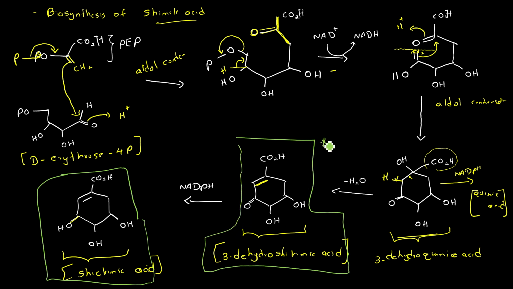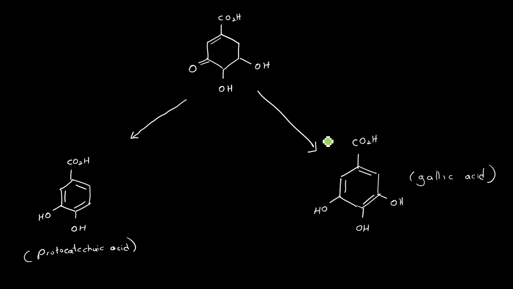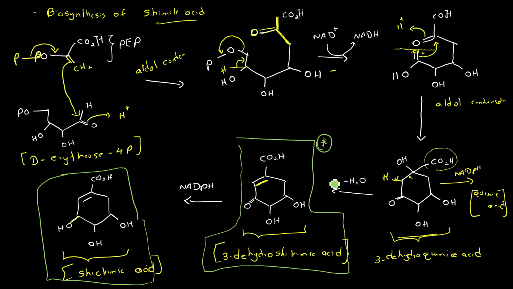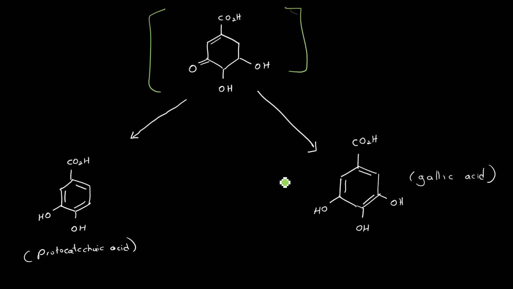So I'm going to move forward with this particular molecule right here. Just the same molecule as this one. So you can obtain 2 important molecules from this particular structure. The first one is protocatechuic acid. How can we obtain this? Basically dehydration, so we are removing H2O, right?